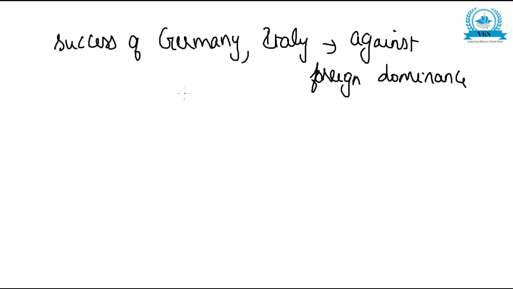And with this, they felt that it gave an inspiration to the Indian nationalists. So the success of Germany and Italy against foreign dominance and the establishment of united and independent nations, all these inspired Indian nationalists.